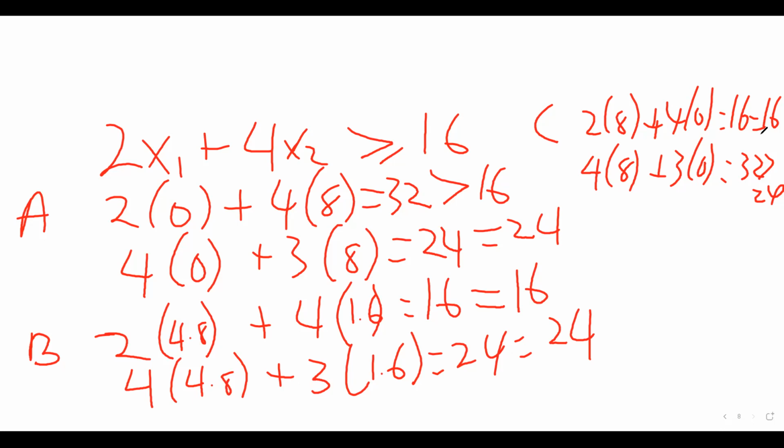But if you look at C, the minimum requirement for nitrogen was used. The exact minimum requirement for phosphate wasn't used, but it was still within an acceptable range of the feasible solution area. So that is how you attack these different kinds of questions.